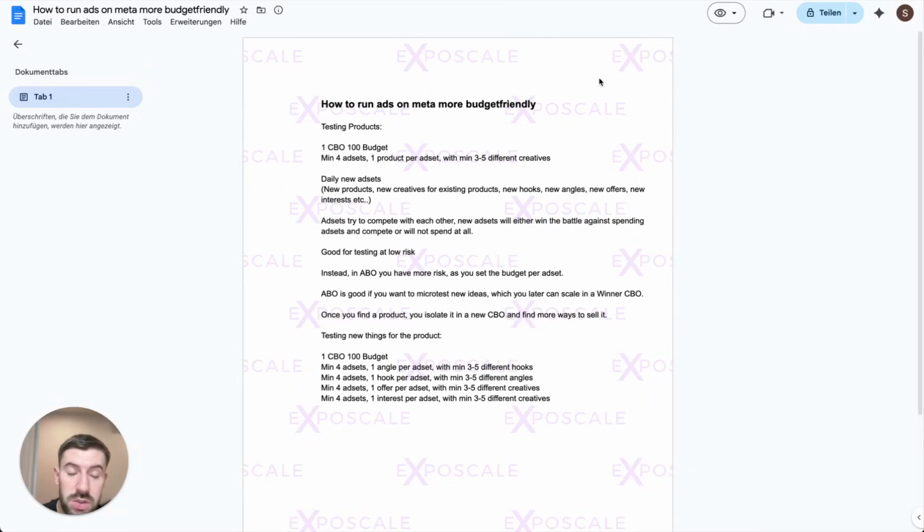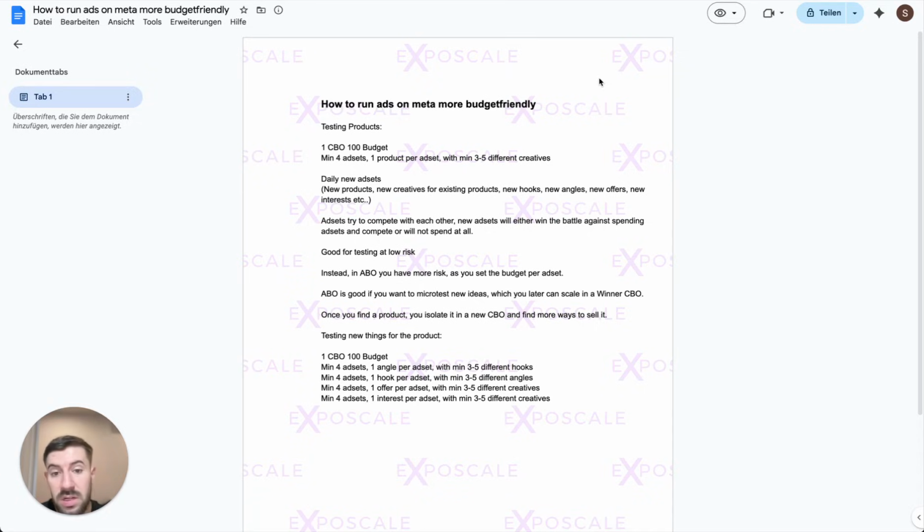So now your job is to add daily new ad sets with new products in that CBO. What you can also do is, if you see that some products or ad sets are working well, you can duplicate them and just change the creative for the existing product. It's never bad to double down on something which is already working, because that's also how you can scale horizontally instead of only vertically.